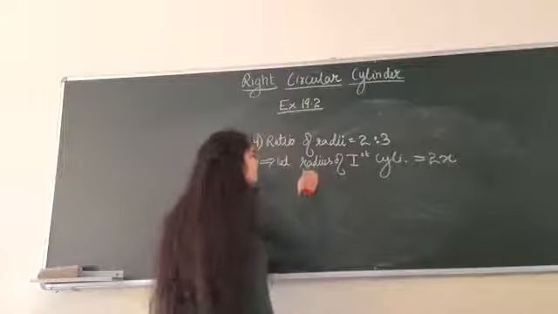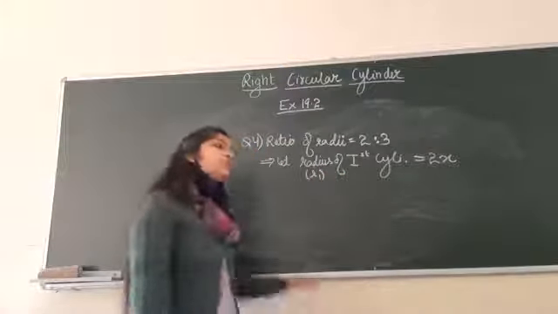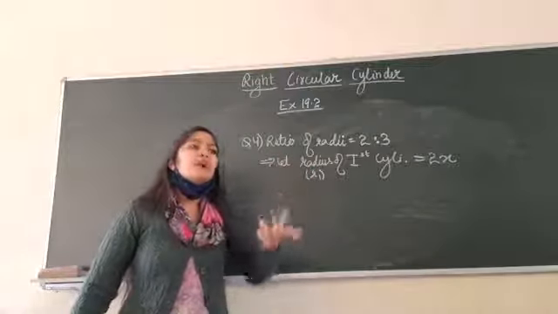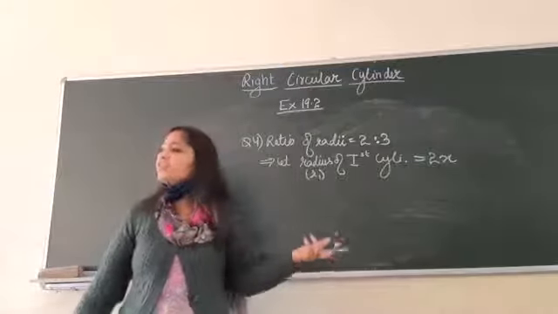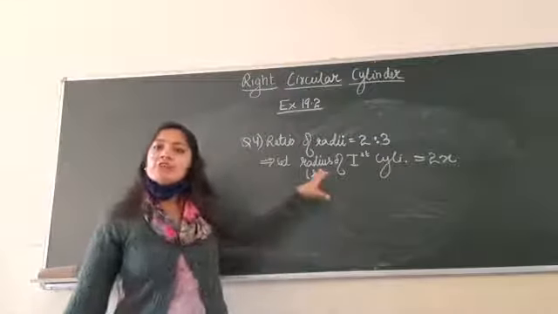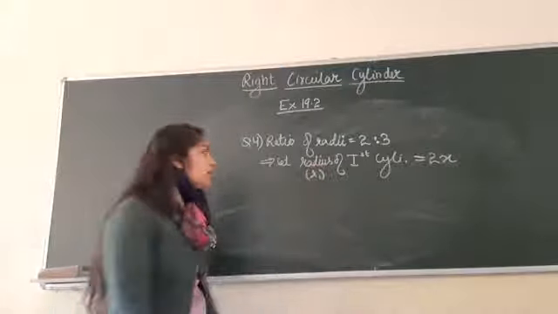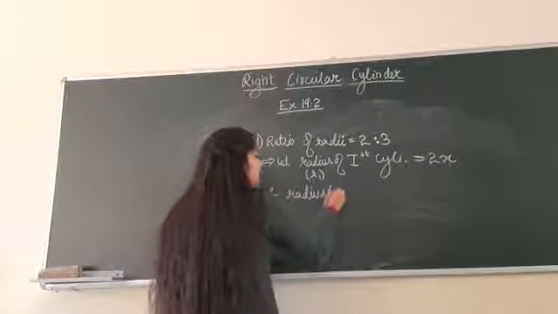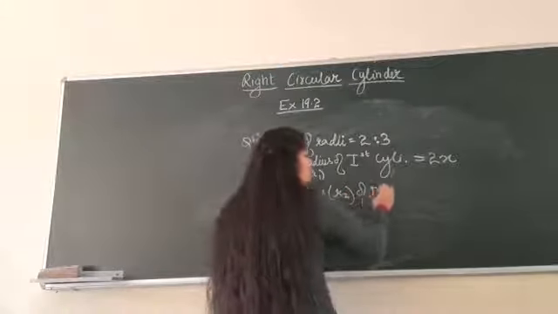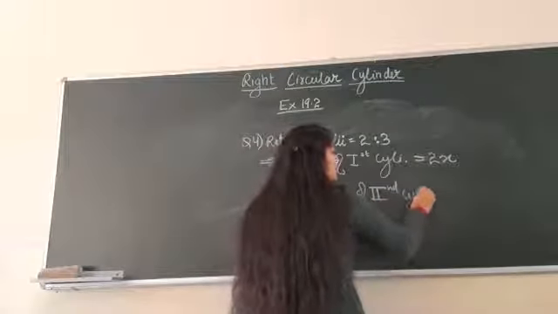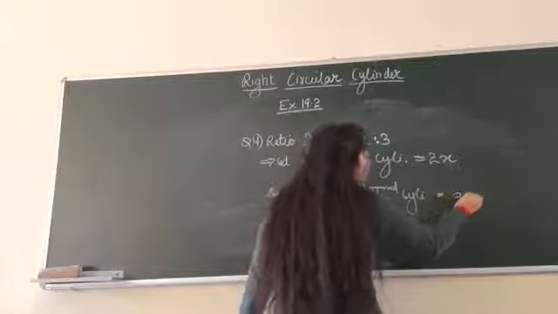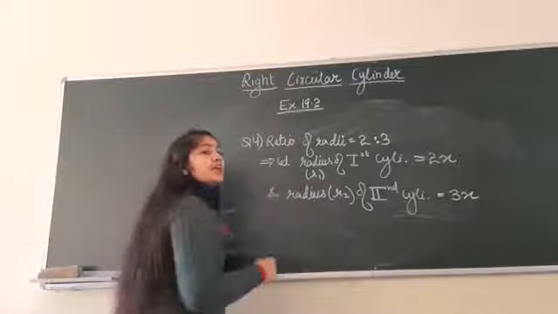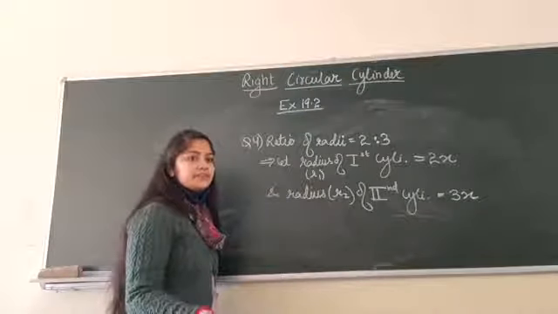I am writing r1 because we cannot write both as r; they would become the same. So we'll write r1 for the first and r2 for the second. Radius of second cylinder, r2, is equal to 3x. Clear to all?